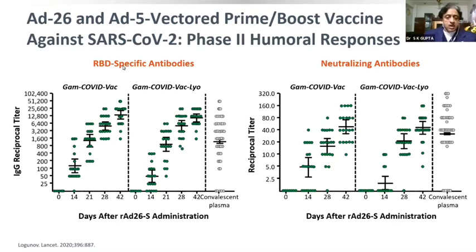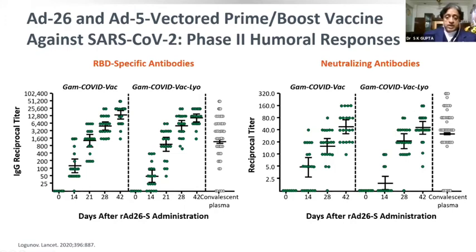And these are the binding antibodies, and these are the neutralizing antibodies. This vaccine has also been compared against the convalescent serum, again a gold standard. We see a good number of antibody titers for the binding antibodies as well as the neutralizing antibodies.